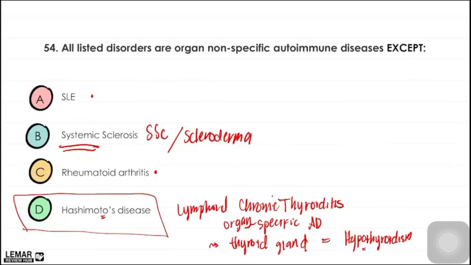Idiopathic scleroderma is considered an autoimmune disease because of its association with autoantibodies and the overlapping syndromes of scleroderma, polymyositis, and scleroderma SLE. So, in this case, systemic sclerosis, from its term systemic, is an organ non-specific autoimmune disease.